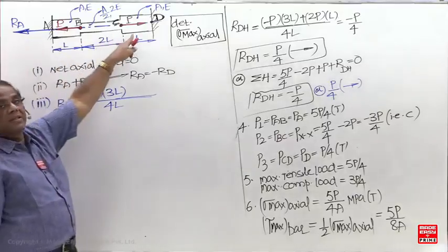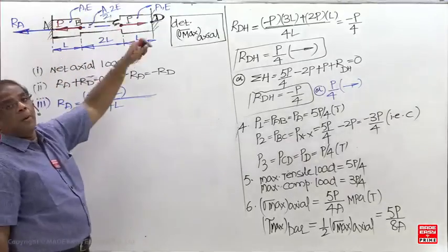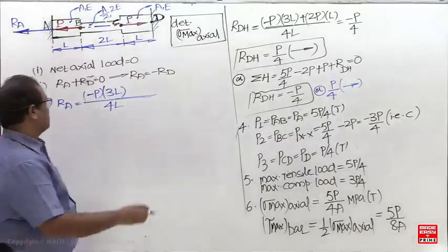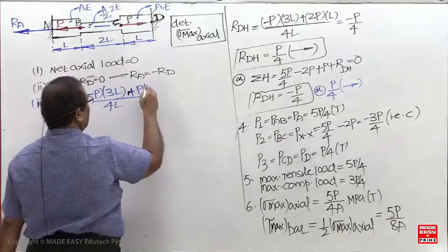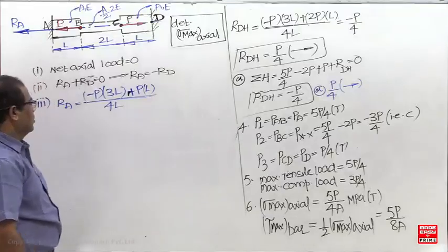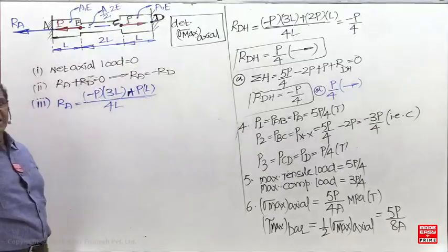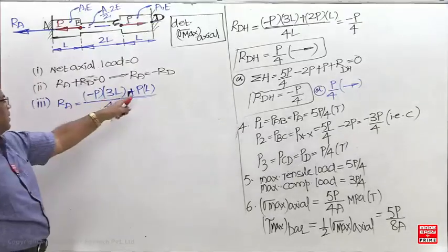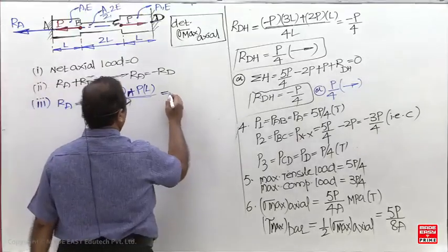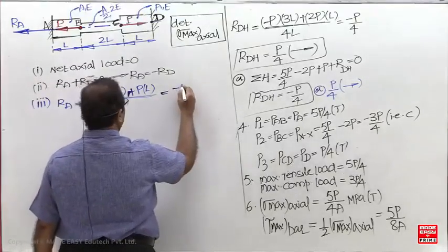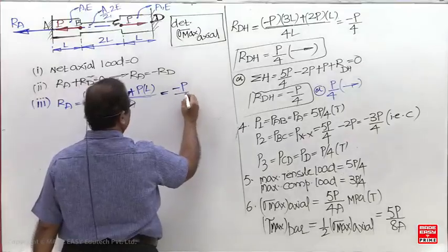And RA and P are in opposite directions, so plus. What is the distance between C and D? L. So what value are you getting now? Minus 3PL upon, minus 2PL. So I am getting minus P by 2 now.